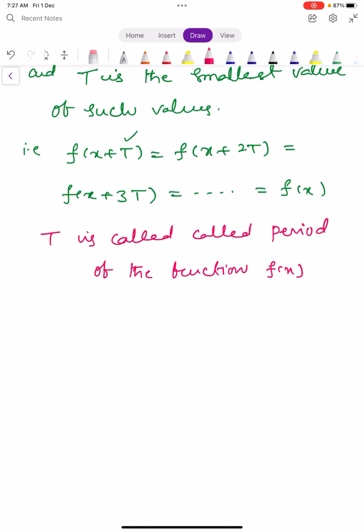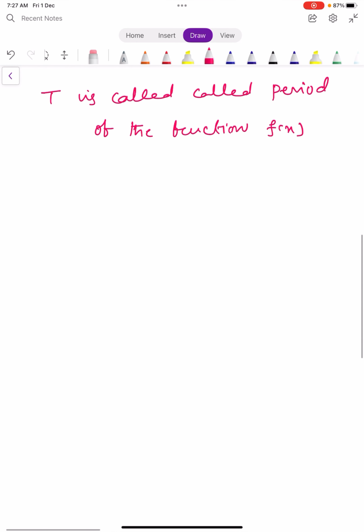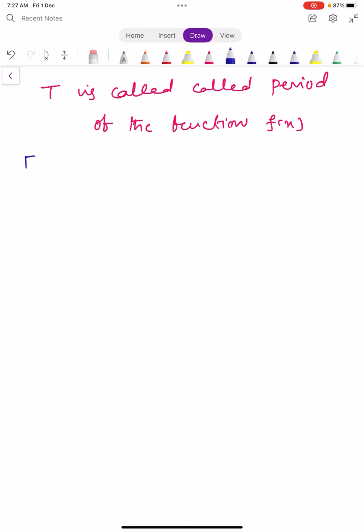So to understand this definition, let us see one example. Suppose, a well-known example, f of x is equal to sin x.